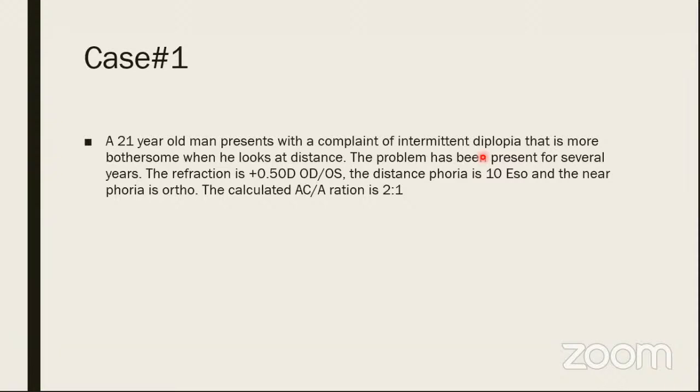A 21-year-old man presents with a complaint of intermittent diplopia that is bothersome when he looks at distance, and the problem has been present for several years. On refraction, the finding is plus 0.5 diopter in both eyes, and distance phoria is 10 eso, and the near phoria is ortho. The patient has orthophoria at near, and the calculated AC/A ratio is 2:1.